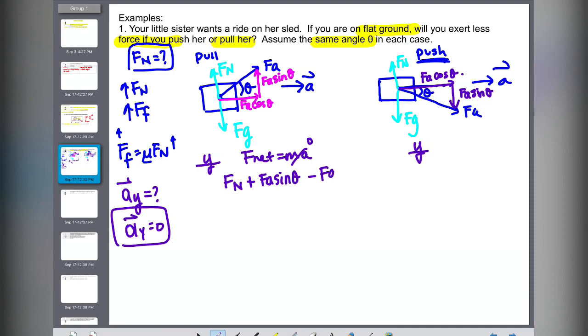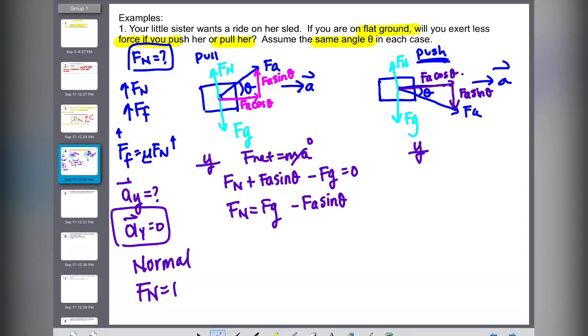Up is Fa sine theta. Down is Fg, and it equals 0. So what does Fn equal? Move the Fg to the other side, it becomes Fg. Move the Fa sine theta to the other side, it becomes minus.